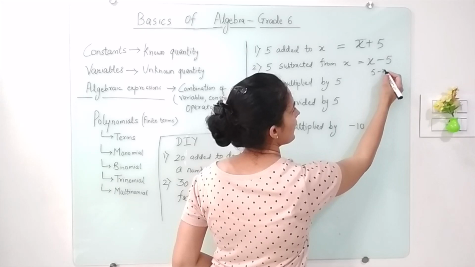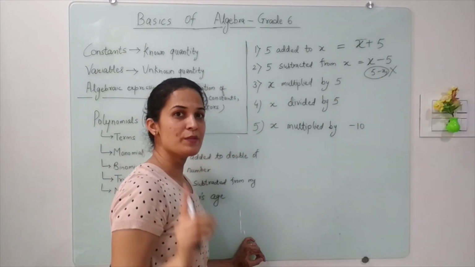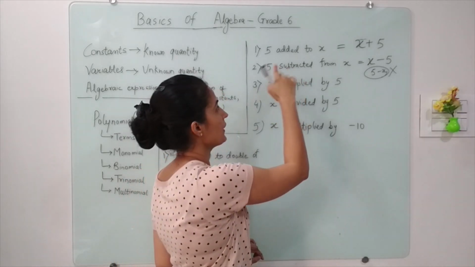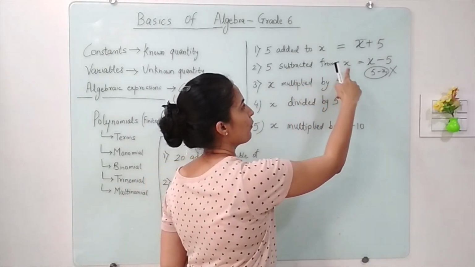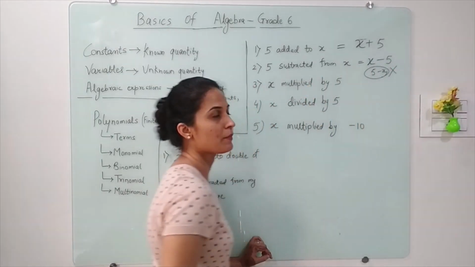5 minus x will be wrong. So always be careful and read carefully what is the statement given. It is 5 subtracted from x, so the correct expression is x minus 5.